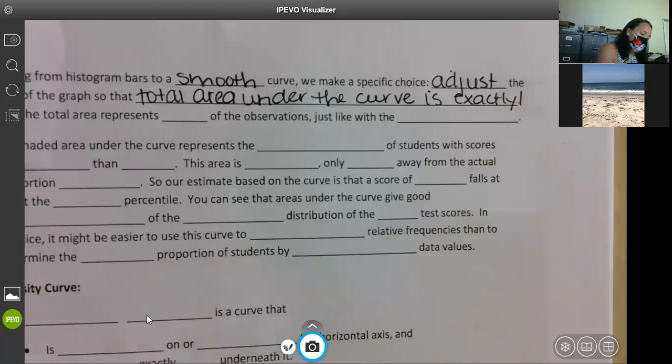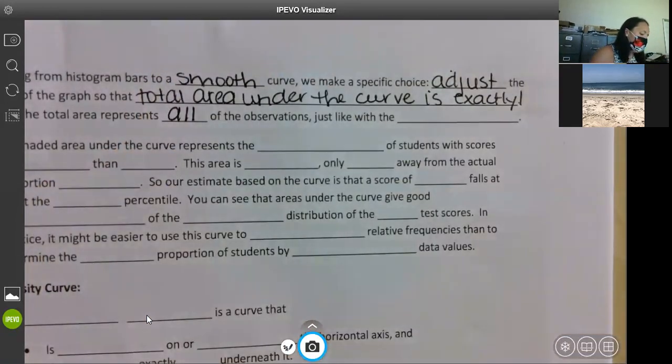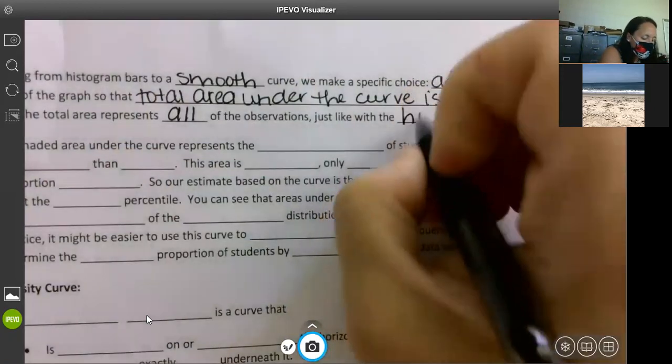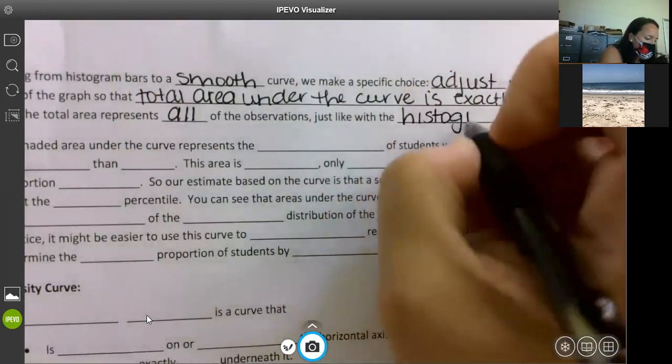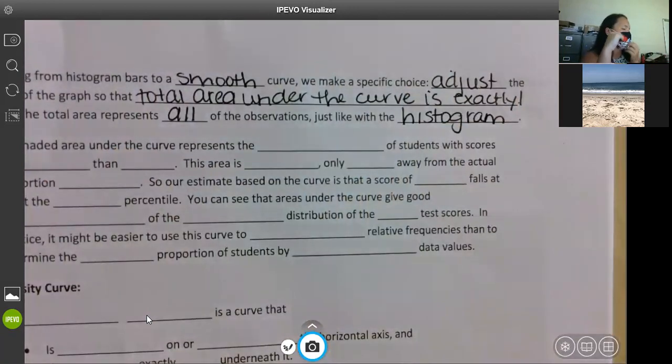Now the total area represents all of the observations, just like with the histogram. So again, what I said was they took the stuff that was over the curve in part A and they slid it underneath the curve in part B.